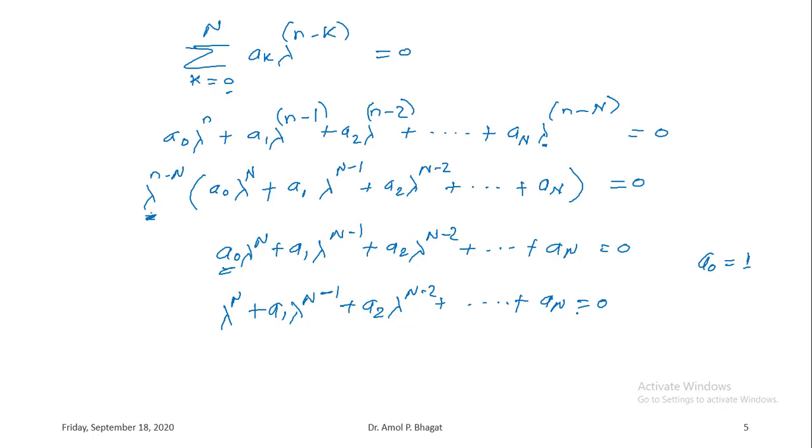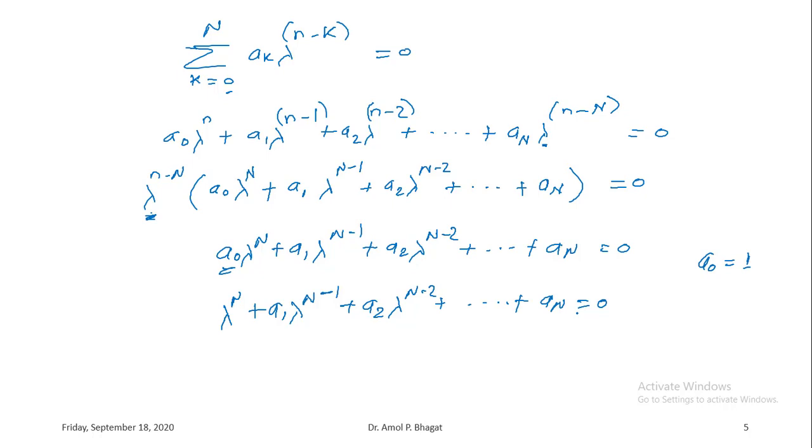So I can solve this nth order polynomial. Just for example, x square plus 2x plus 1 is a second order polynomial, so it has two roots. In a similar manner, lambda to the power n plus a1 lambda to the power n minus 1 plus a2 lambda to the power n minus 2 plus and so on plus an is equal to 0 is an nth order polynomial, and it has capital N roots.